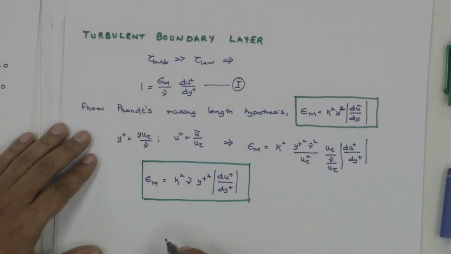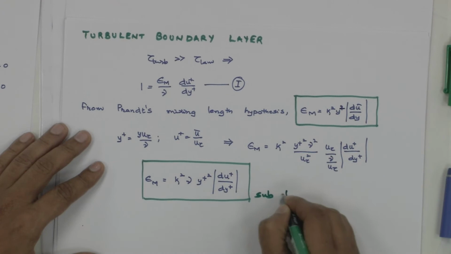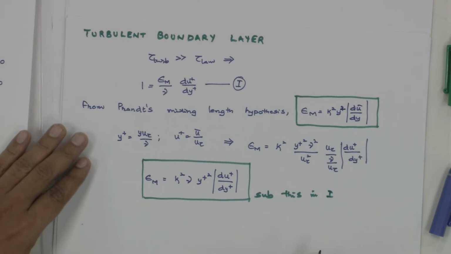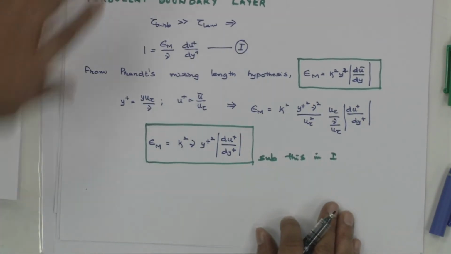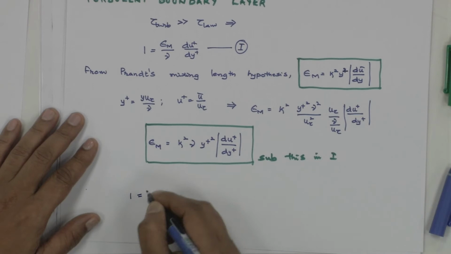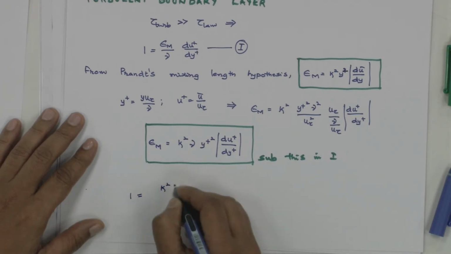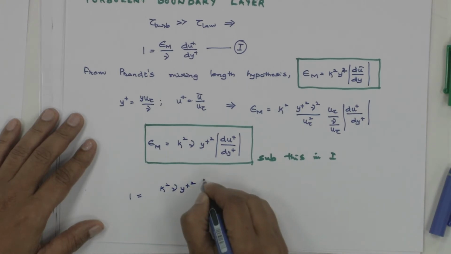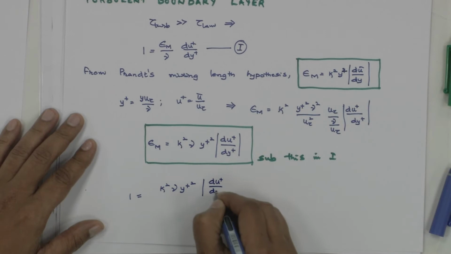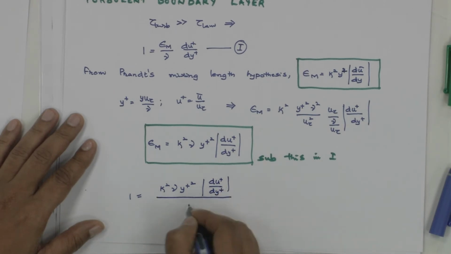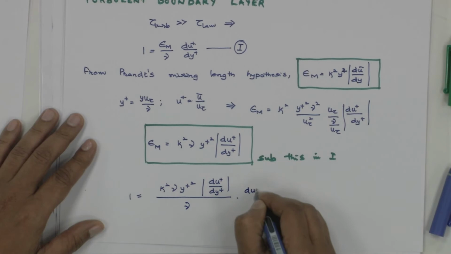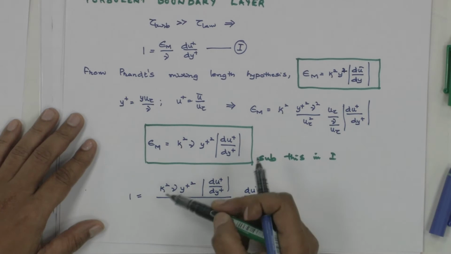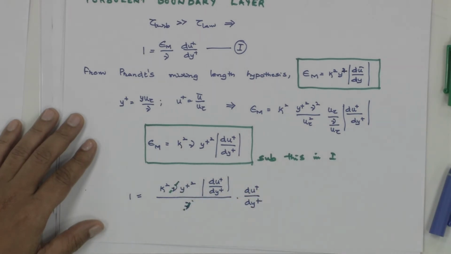Okay. So, this is the relation for epsilon m. Substituting this in 1, what do I get? I get 1 equal to kappa squared nu y plus squared into du plus by dy plus mod upon nu into du plus by dy plus. So, as you can see, nu and nu get cancelled out.